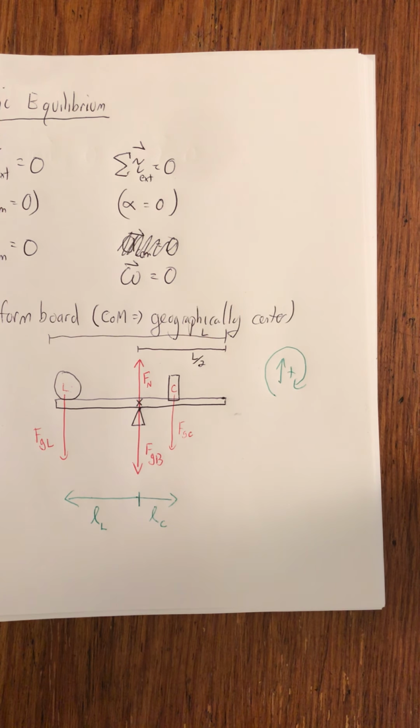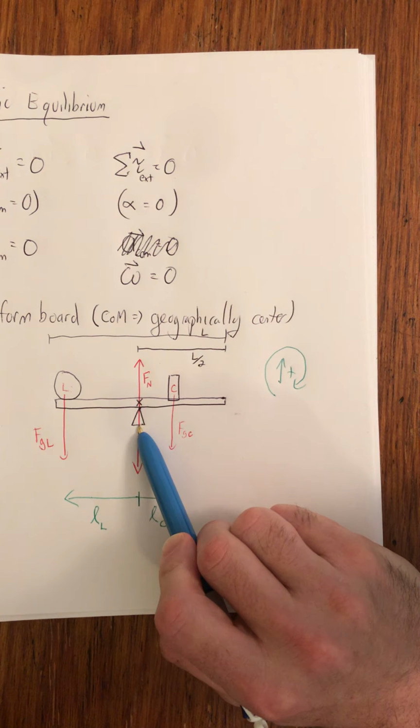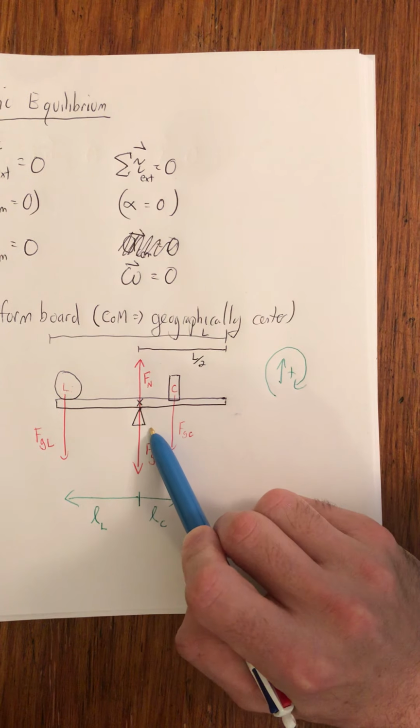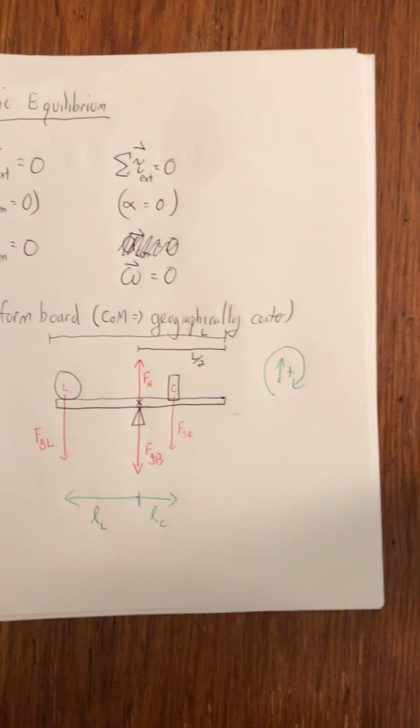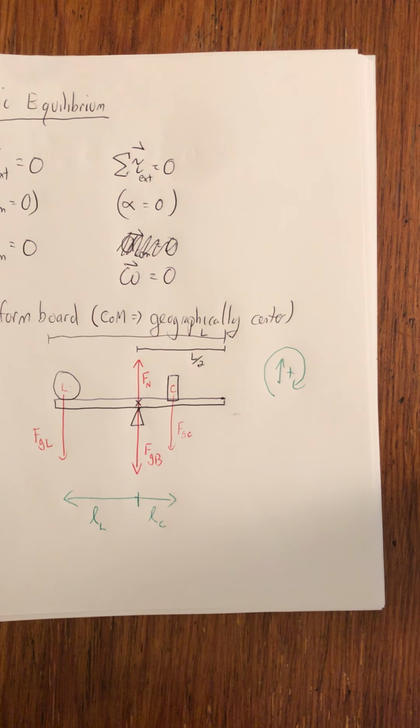But being that we're only going to have torques that cause clockwise or counterclockwise rotations here, we're just going to shorthand that and just say clockwise is positive there. The last thing that we need to do in declarations we've already done. We've put in the pivot point, right? So that's the most important thing that we can do for these problems, is put in that pivot point.